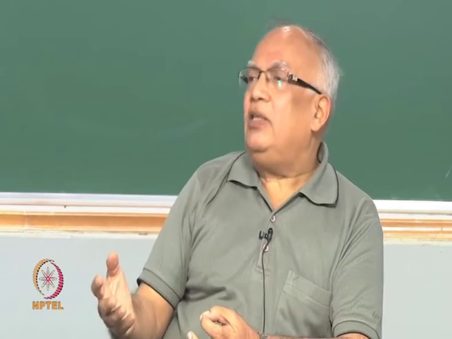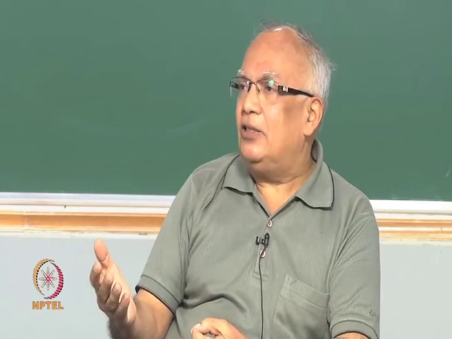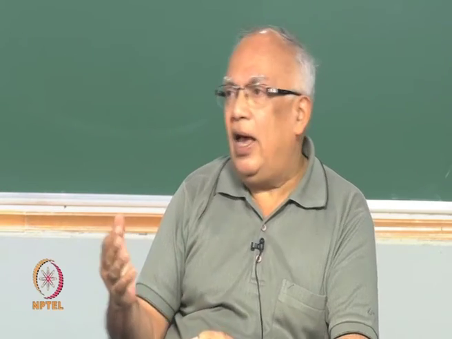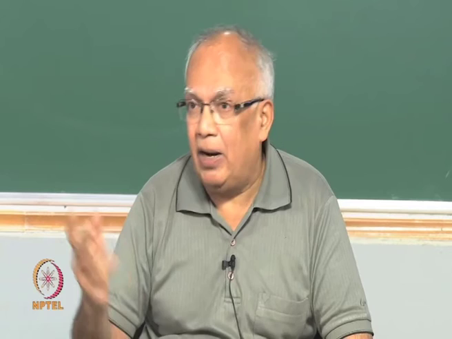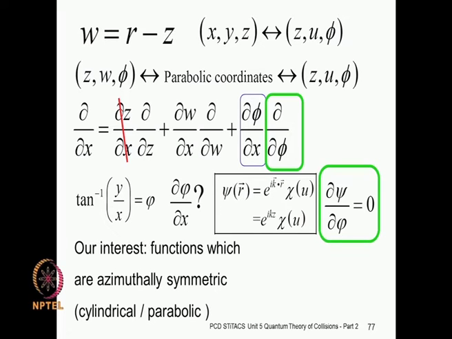Because of this symmetry, you will not find any dependence of the solutions on the azimuthal angle phi in the parabolic coordinate system. So this phi is the same as the phi of the spherical polar coordinate system or the cylindrical polar coordinate system. It is the same azimuthal angle, and there will be no dependence on that.